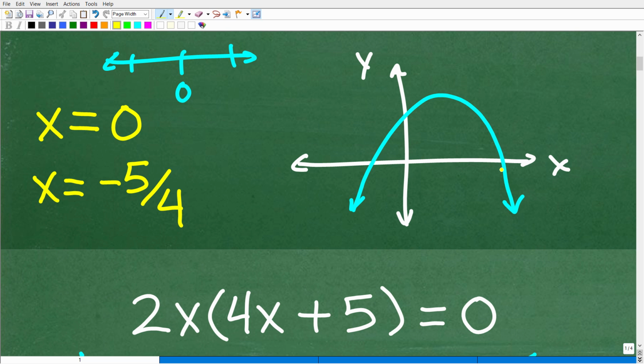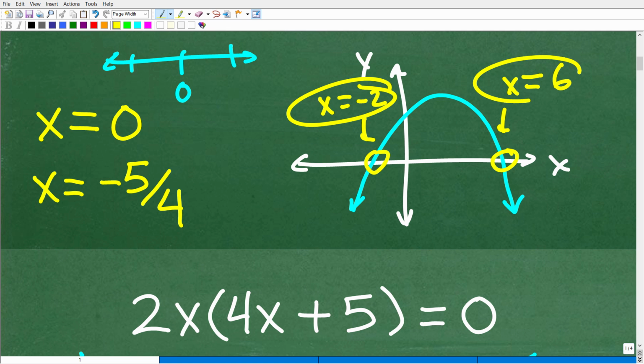Well, where the graph happens to cross the x-axis, these points here are in fact the real number solutions. So let's suppose this is x equals 6, and this might be x equals -2. These x-intercepts are the real number solutions to this second degree polynomial equation, i.e. a quadratic equation.